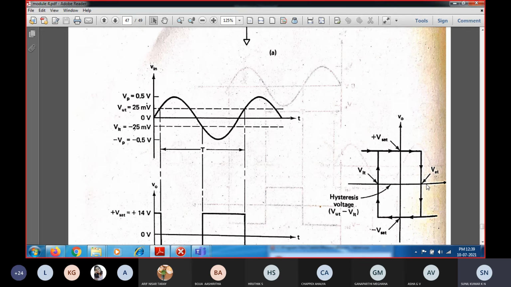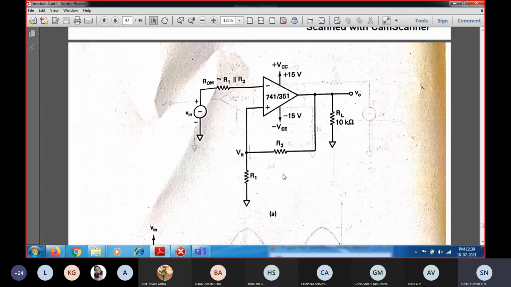And still, if you increase the input voltage in the positive direction, that means greater than the upper trigger point, the output will stay in negative saturation itself. Why? Because whenever the output voltage triggers from positive to negative saturation, the reference voltage also changes, because it becomes minus Vsat.